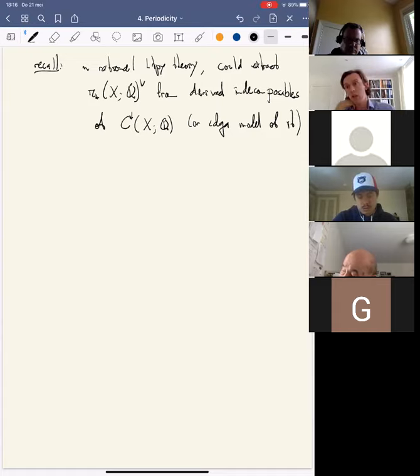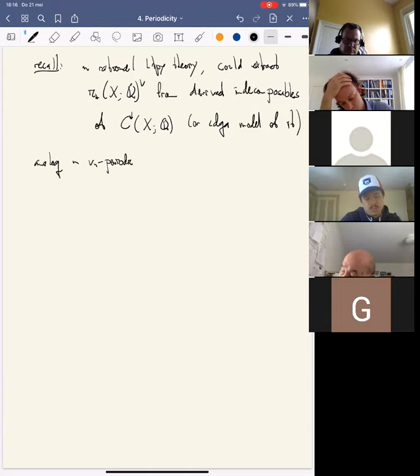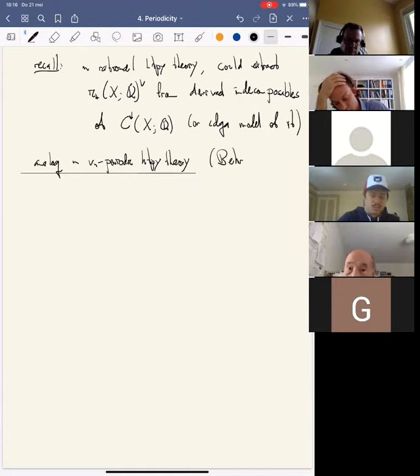Okay, so this principle has an analog in v_n-periodic homotopy theory. And this is really something that was identified by Behrens and Rezk. So let me try to explain how it goes.